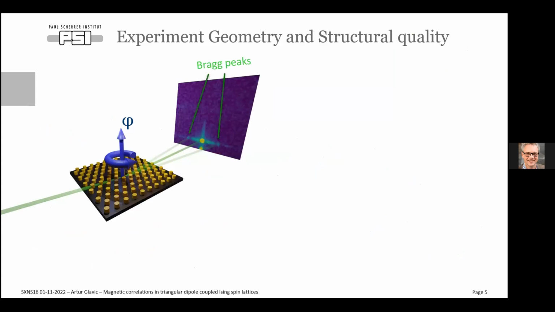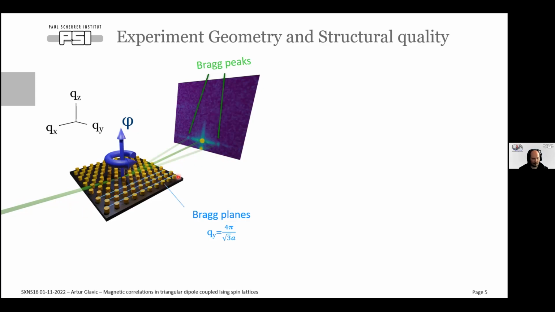Because we have this organized structure over the whole sample, we have to rotate the sample in the beam. And the rotation angle around the surface normal we call phi. And you see the geometry, we come in with a pencil-like beam, and then the grazing incidence scattering is measured on a position-sensitive detector.